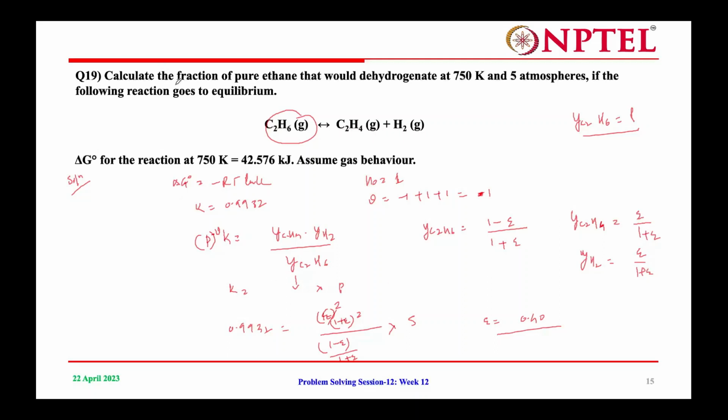The question asks for the fraction of pure ethane, so this one has to be calculated. So y C2H4 is equal to 0.4285.